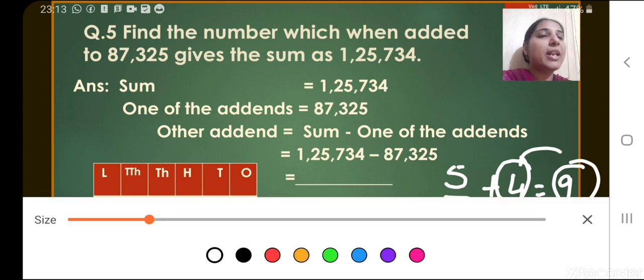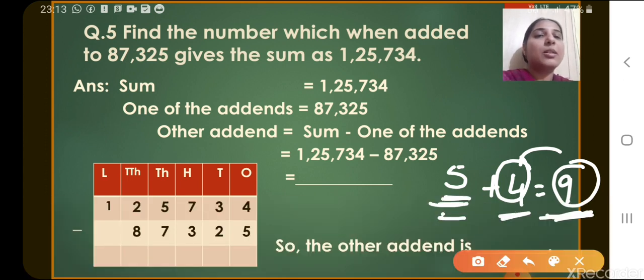So there you can see 4 minus 5. Let's start from ones. 4 minus 5 is not possible. So what we will do? Yes, we will borrow from the next place. When we borrow 1 from tens place, 2 will be left there, and the digit at the ones place now becomes 14.